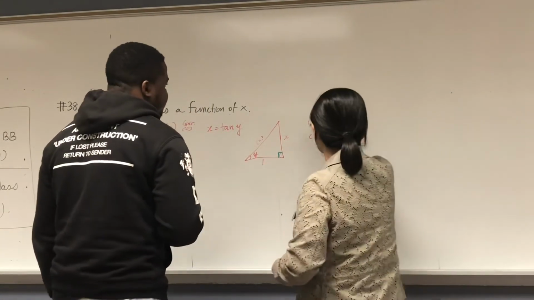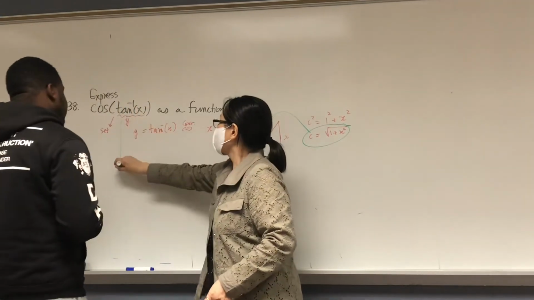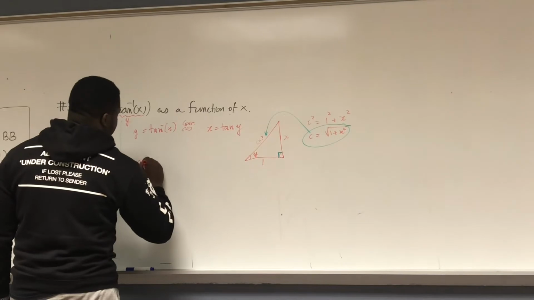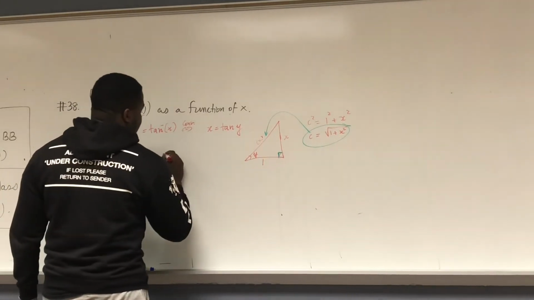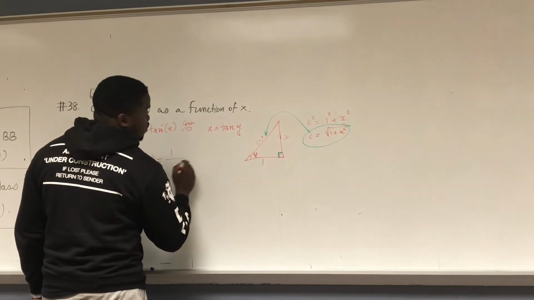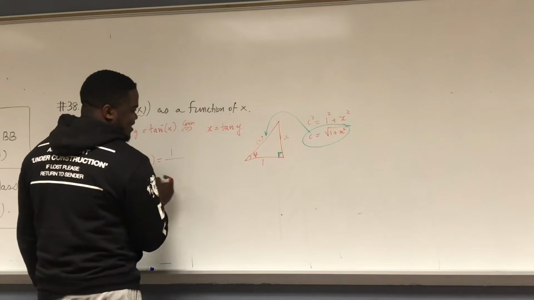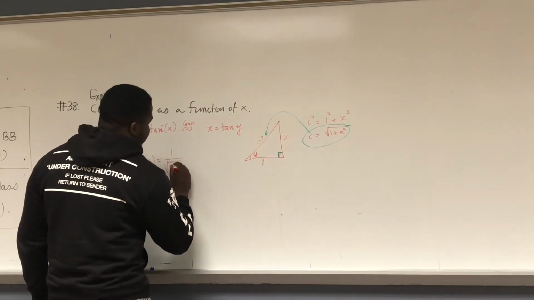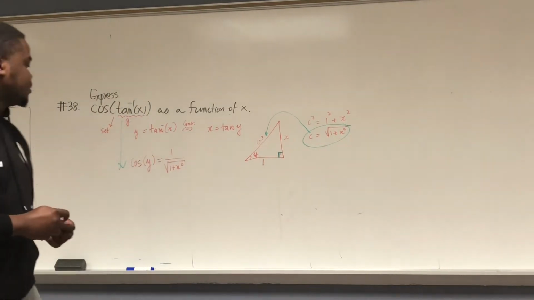Now rewrite this one: cosine y. What is cosine y in the diagram? Sorry, I said tangent, you're right. It's 1 over the square root of 1 plus x squared. Good job. That's it. Very good.